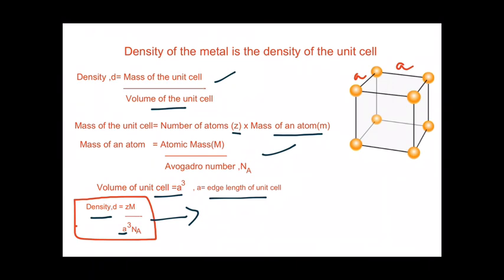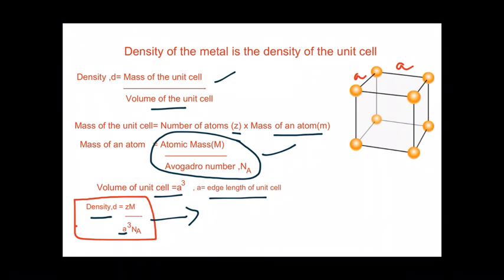So we have substituted the mass of an atom by this equation, atomic mass by Avogadro number, and that is how we got this equation, density is equal to Z into M by a cube Na, where Z is the number of atoms, M is the molar mass or the atomic mass of the substance, mostly a metal, and a is the edge length of the unit cell and Na is the Avogadro number.